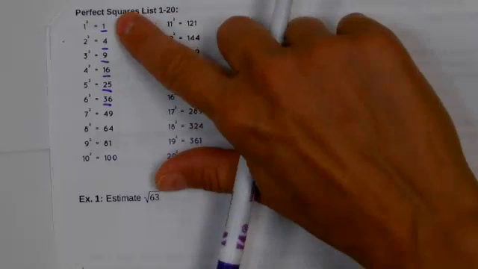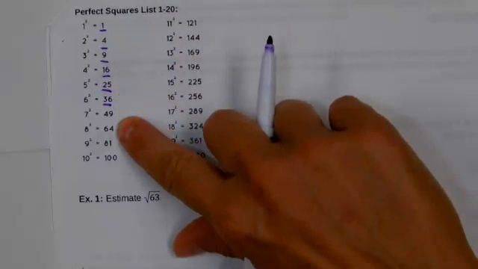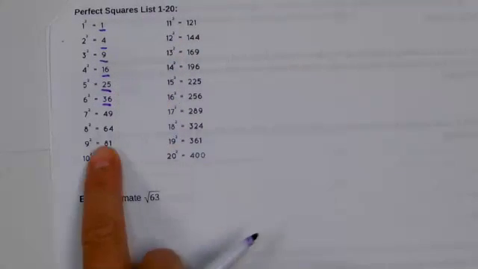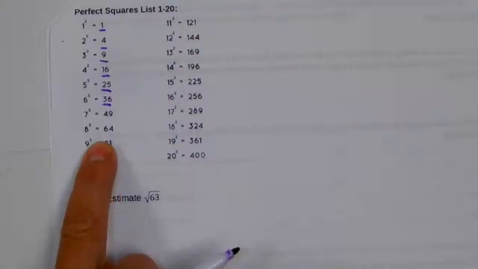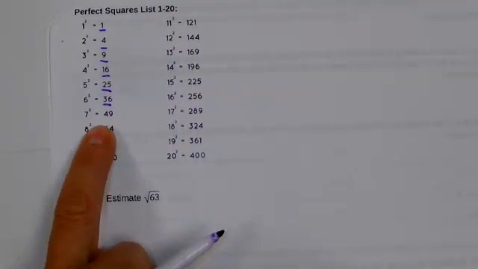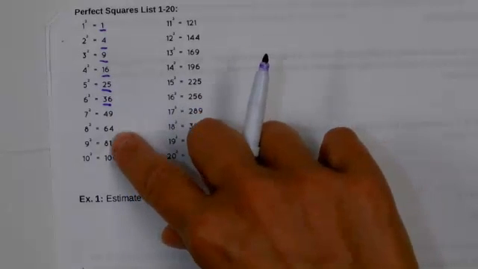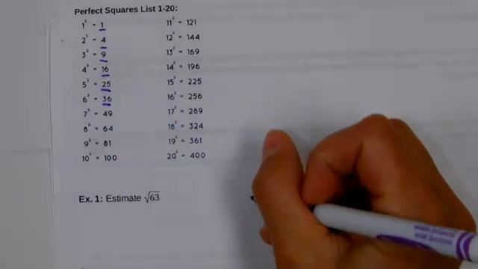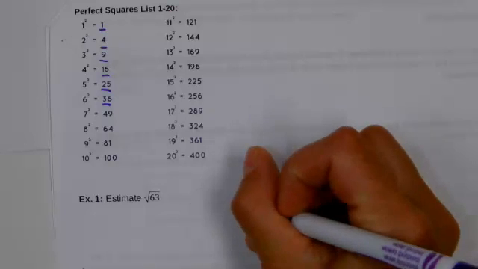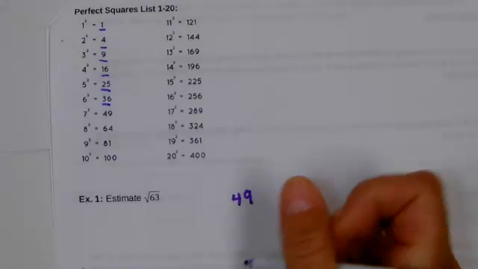If you look in our perfect squares list, we don't have a 63. We have a 64, and then the next closest is a 49. So what we do to estimate this number without a calculator is we list the two perfect squares around it. The perfect squares around it are going to be 49 and 64.